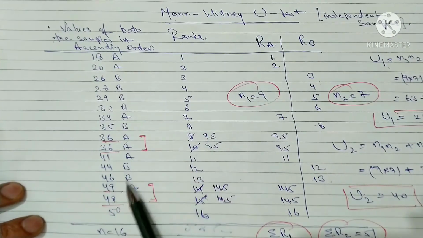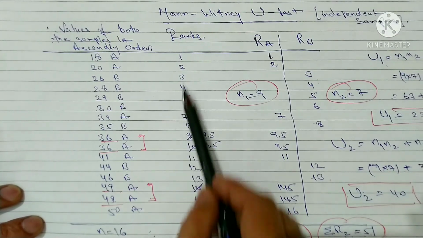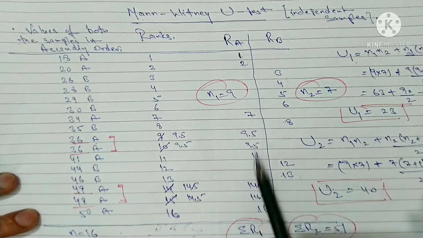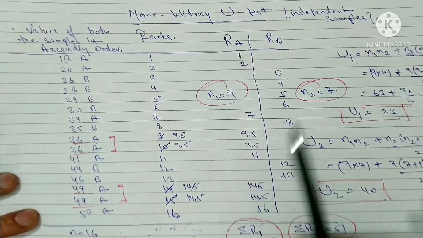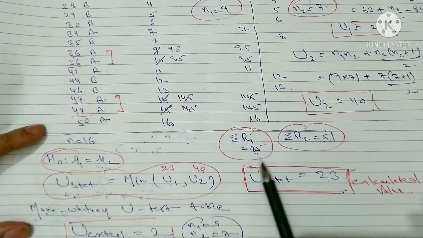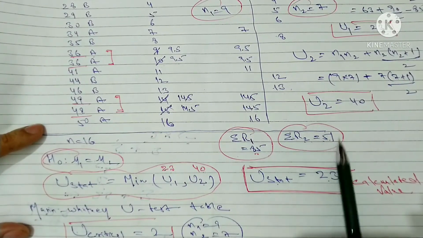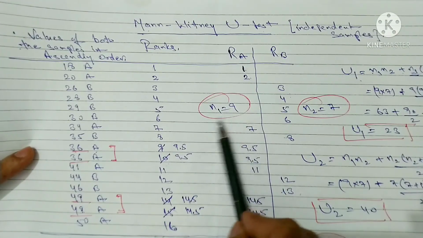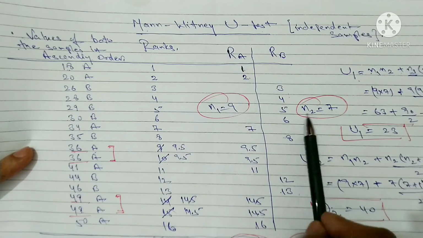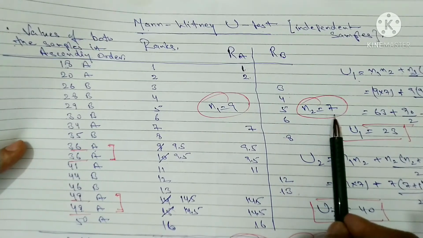First, write the values of both the groups in ascending order. Assign ranks. Write in one column the ranks of group A, then the ranks of group B. Take the sum total of ranks of group 1 and of group 2. N1 is the number of observations of group 1, and N2 is the number of observations of group 2.